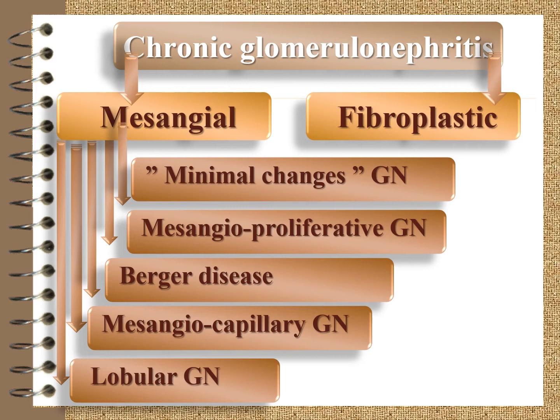The specific form of the mesangial proliferative glomerulonephritis is the Berger disease, which we discuss in the next slide. Fibroblastic glomerulonephritis, otherwise sclerotic or terminal glomerulonephritis, occurs as the end stage of all types of chronic glomerulonephritis.